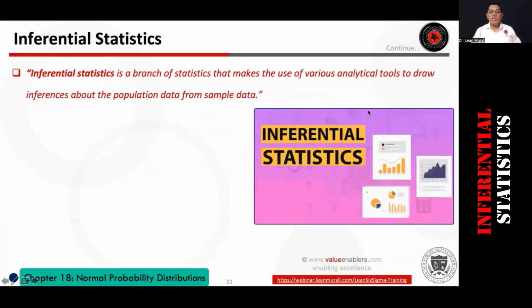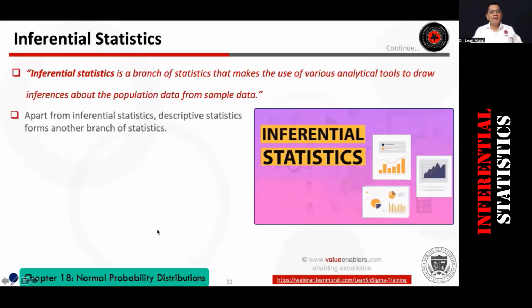Inferential statistics is a branch of statistics that makes use of analytical tools to make inference. All of you type AT in the chat box, analytical tools. Now, what are these analytical tools? I'm going to talk about many analytical tools: hypothesis testing, regression analysis, and stuff like that.